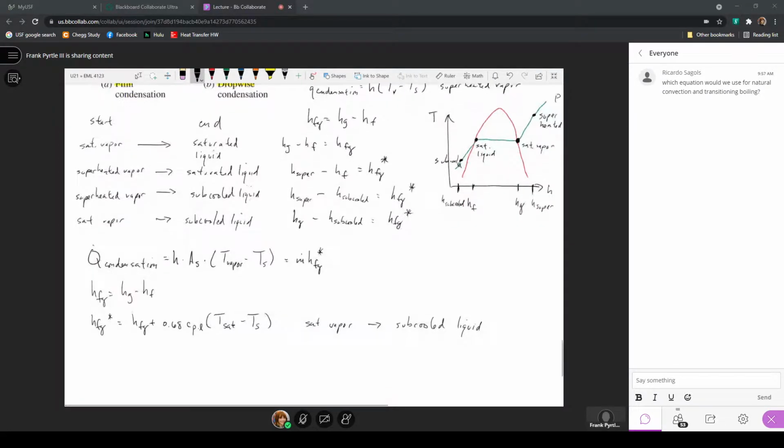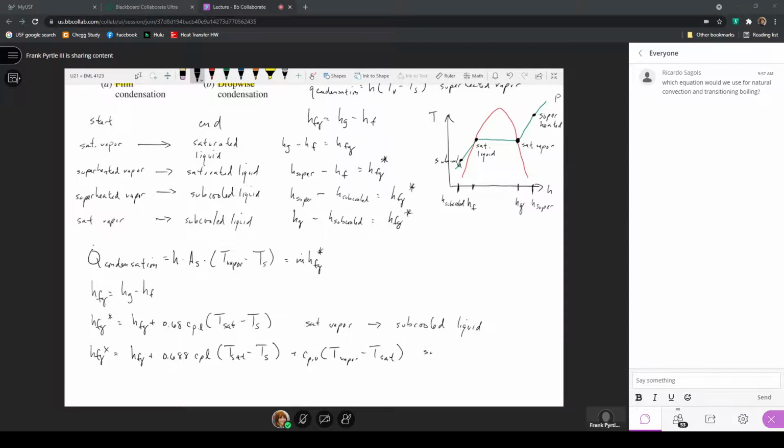If we were going to go from, let's say, a superheated vapor to a subcooled liquid, this expression would be HFG plus 0.68 C sub PL times T sat minus TS, plus C sub P of the vapor times the temperature of the vapor minus T sat here.